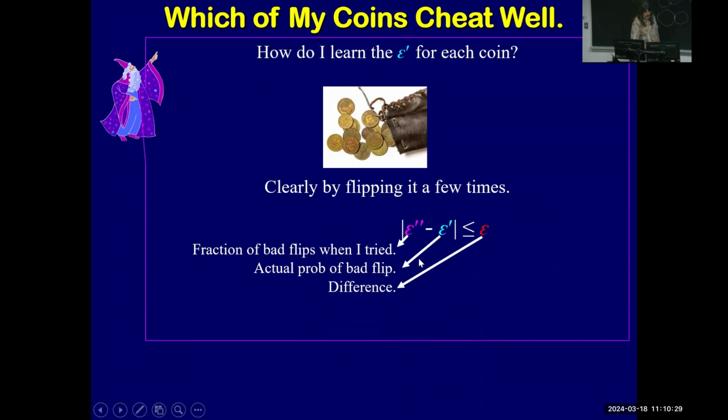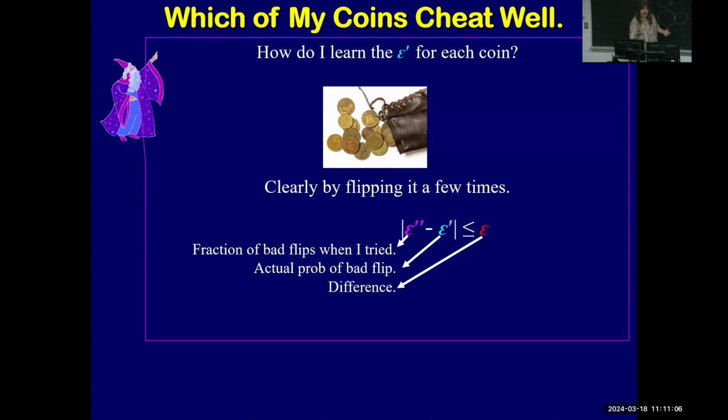Here I flip it lots of times, and the purple epsilon is the fraction that comes up bad. The coin has a bad and a good on it, right? When I flip it 1,000,000 times, epsilon purple is the fraction of times it comes up bad. And the blue one is the actual probability of it coming up heads, right?